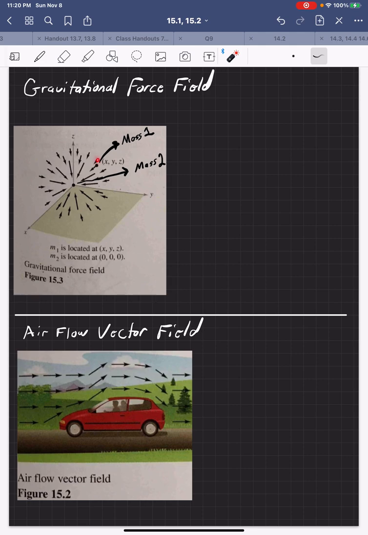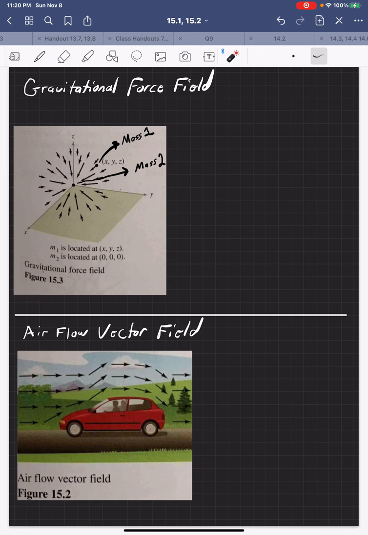For example, notice that each of these vectors has the same magnitude when the two objects are equally distant. We can also tell the direction.